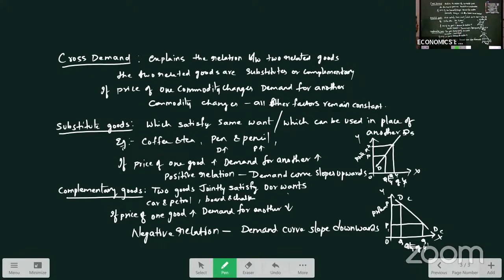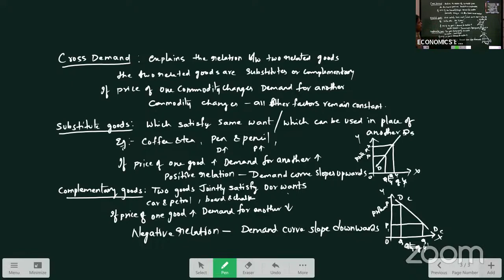Cross demand is what? It explains the relation between two related goods. The two related goods are either substitutes or complementaries. If the price of one commodity changes, demand for another commodity also changes. All other factors remain constant here. Income and technology will not affect the demand. There are two types of goods here.